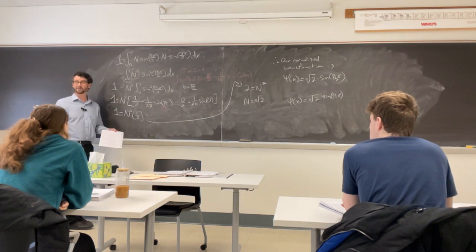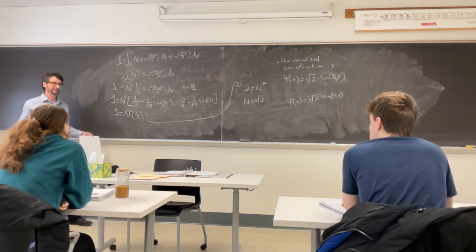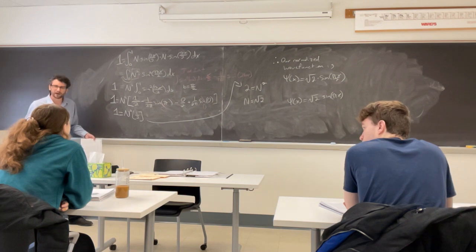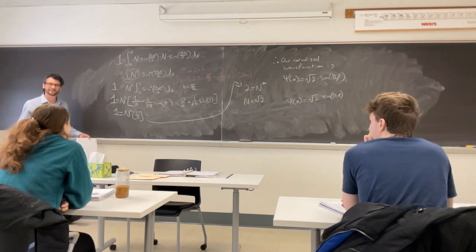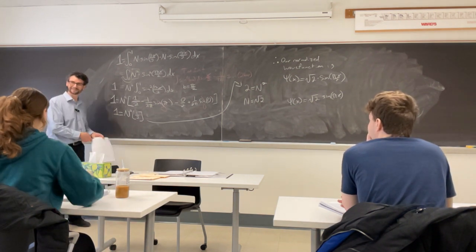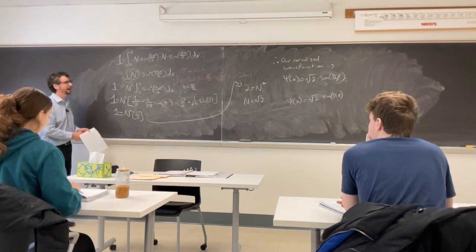It could change things up a lot. But in this case, it'd be sine of 2 pi. Sine of 2 pi is 0? Yep, that's right, because it's factors of pi. So then it would work out the same in this case. But there are situations where it would not.